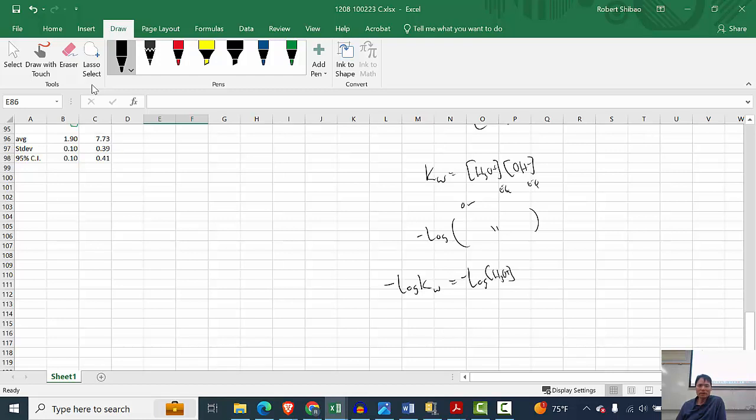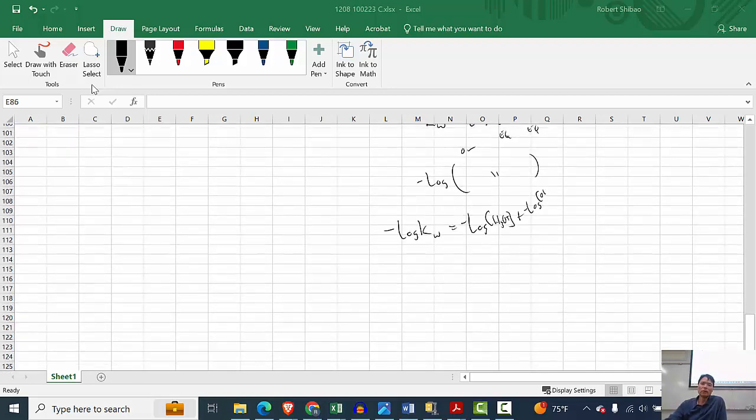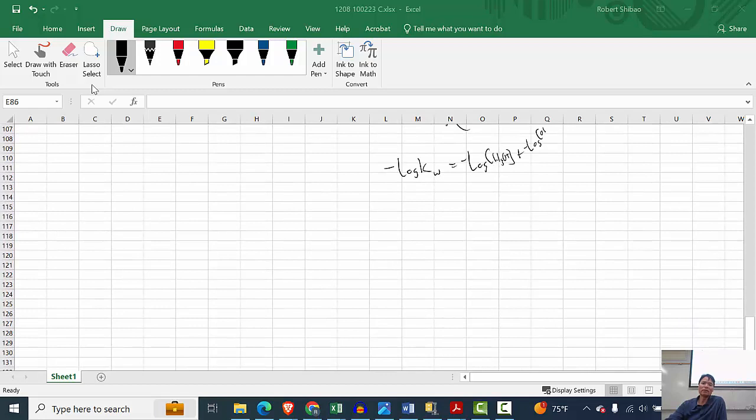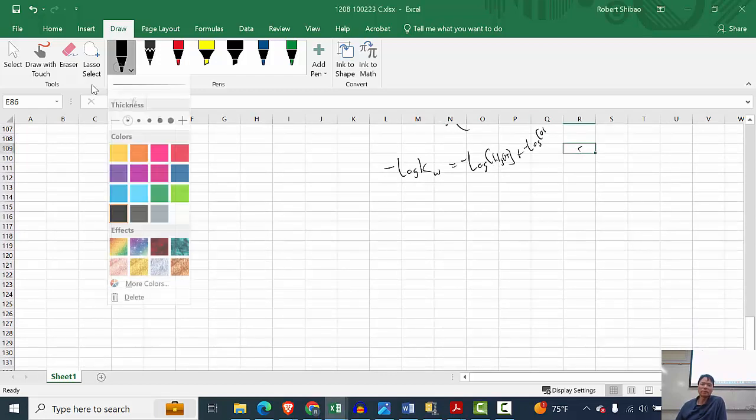I'm using the properties of logs. Log of a product is the sum of the logs, so it's going to be plus the negative log of the hydroxide. Did I talk about the power function before?